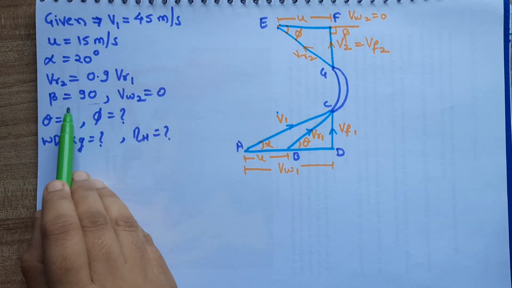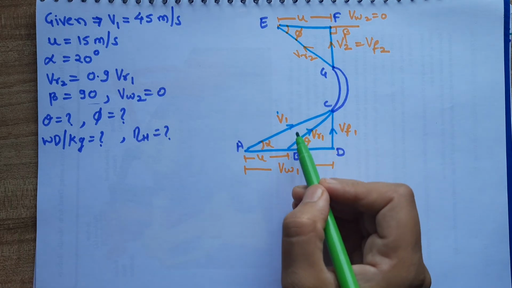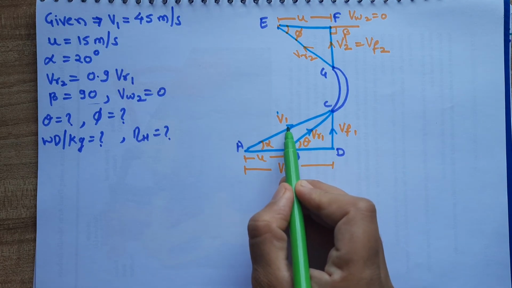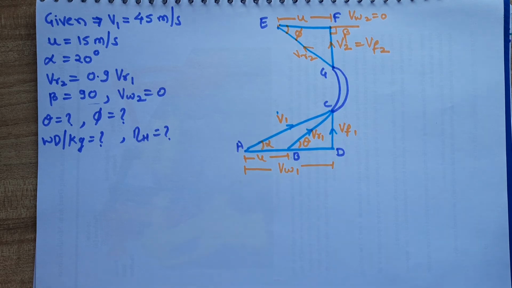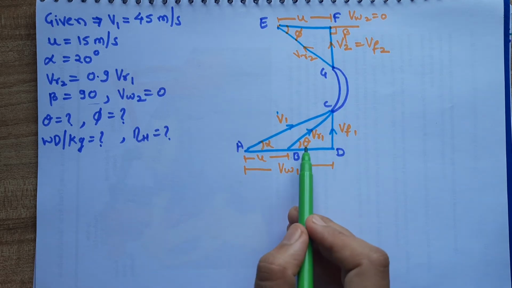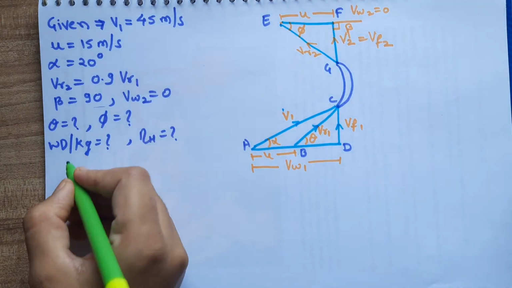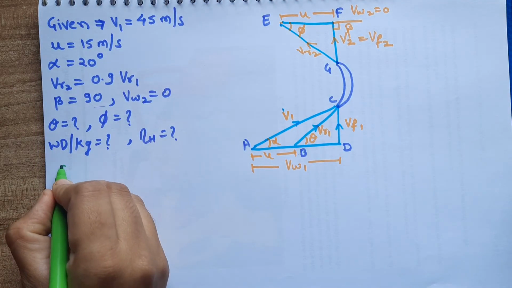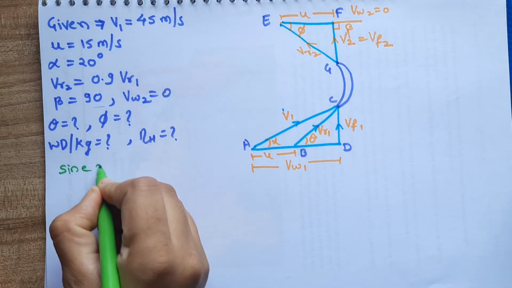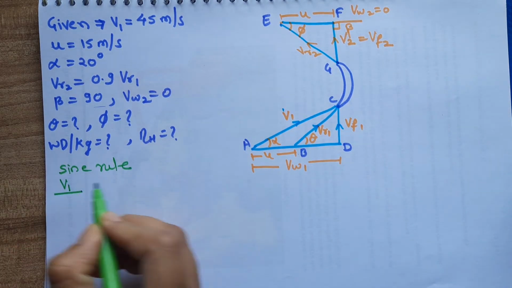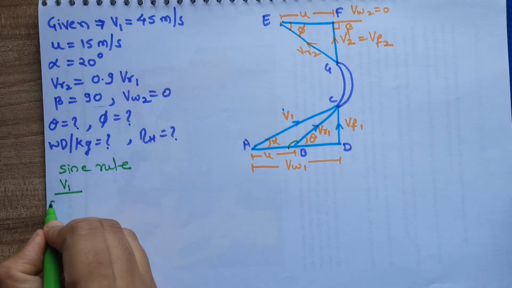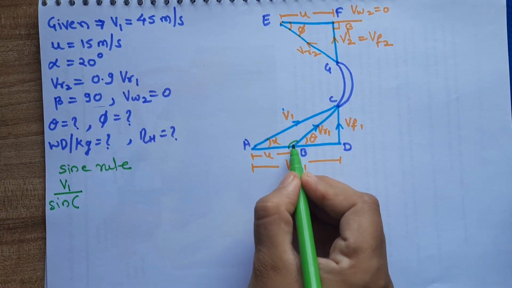First let's start for the theta. Now let's see the inlet velocity triangle. V1 is known to us, alpha is also known to us, and U is also known to us. So we can find theta by simply using the sine rule. Sine rule, that is V1 divided by sine of opposite angle, that is this one.